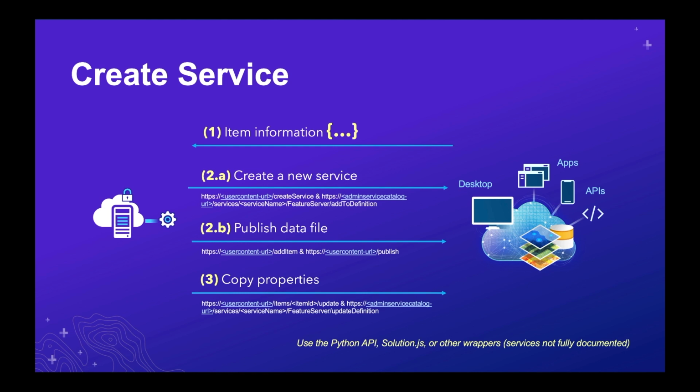So my strong recommendation would be to use an Esri written wrapper to perform these operations. One could be the Python API, which is what all of our demos will be. Another could be an up-and-coming Solution.js library, which is open sourced on GitHub for cloning items with JavaScript and Node. And then there might be other wrappers as well.